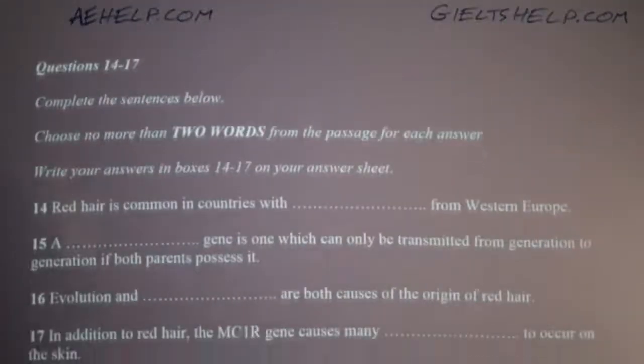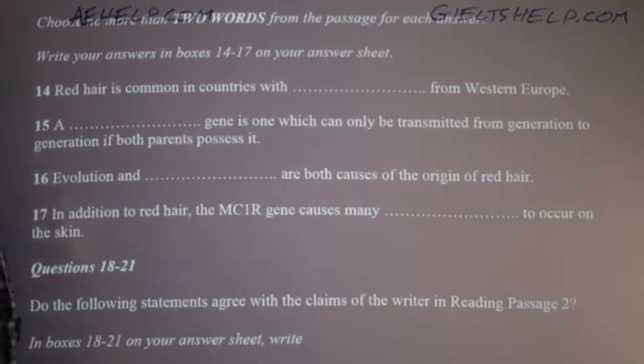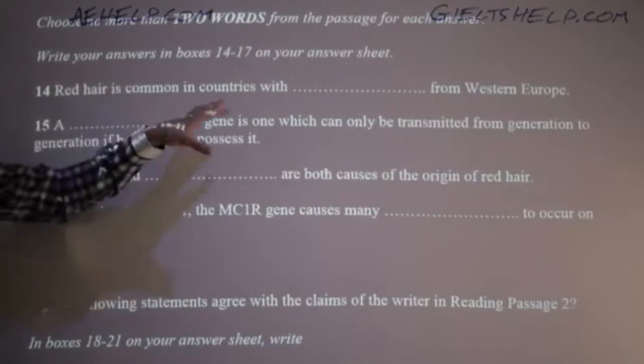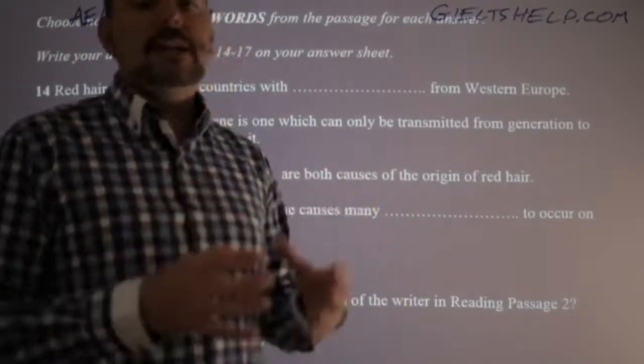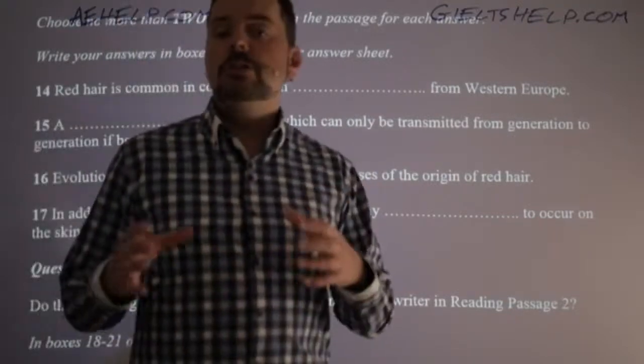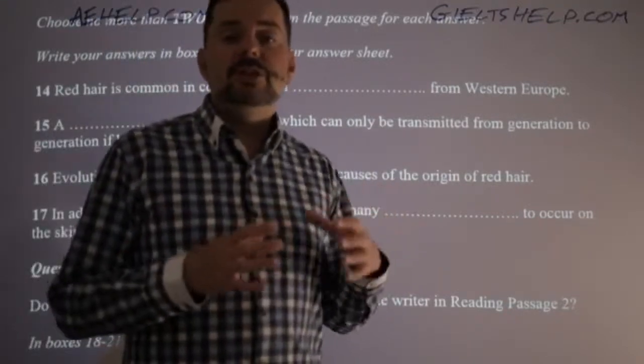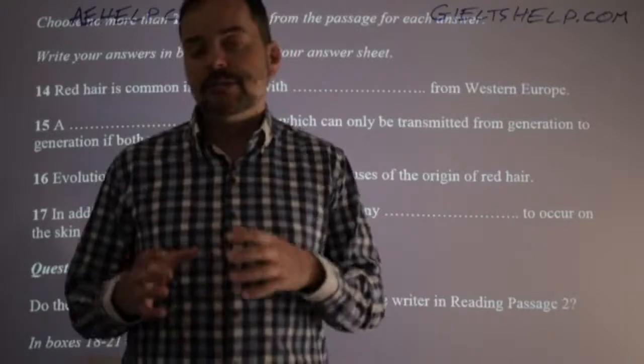So then you look at some questions to see if the questions can give you a little bit more insight, a little bit more help on the content of the passage. So the goal here is to look at question information that you will also find in the passage. Do not look at information in the questions that you do not find in the passage.